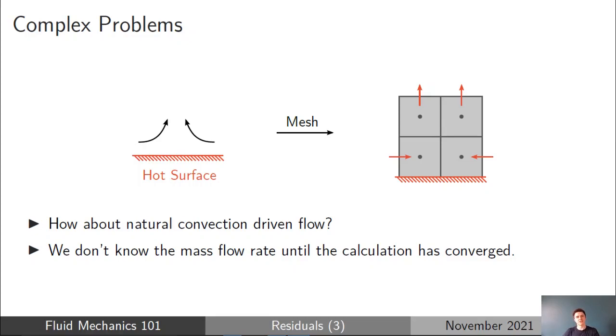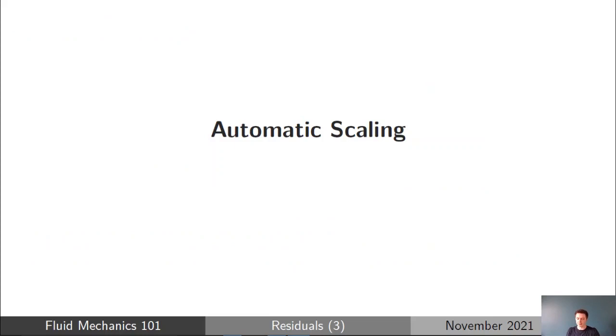So for many CFD problems where the mass flow rate is part of the solution, we can't use that as a scaling factor. And this is different to the energy equation and the other equations where often we can. That's the key difference in why the mass or continuity imbalance is treated differently.